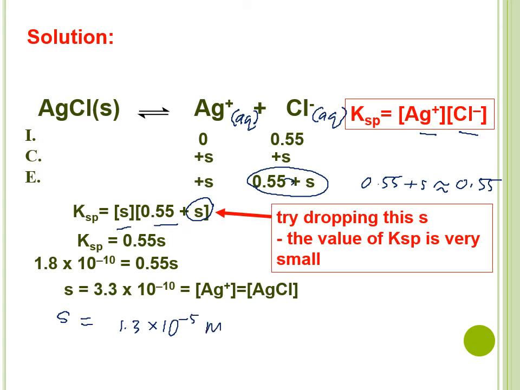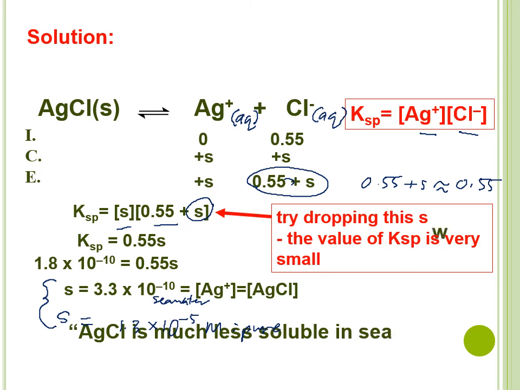By comparing between the two S, solubility of AgCl in seawater is very small compared to the one in pure water. So what is our conclusion? AgCl is much less soluble in seawater.